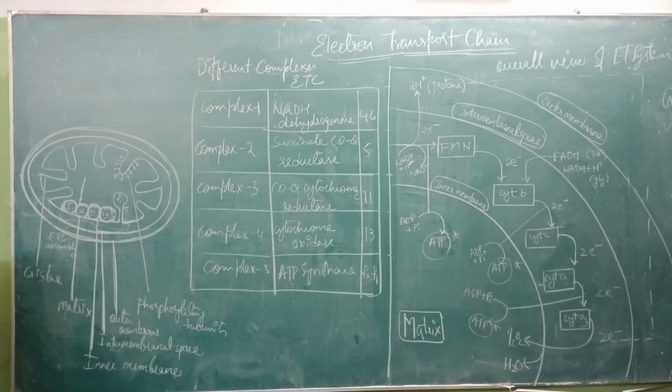Next, from pyruvic acid, an acetyl CoA molecule is released. Here one more NADH molecule is released with an H plus ion, and this acetyl CoA molecule will enter into your TCA cycle, isn't it? Here 4 NADH molecules are released. So totally 1, 2, 3, 4, 5, 6.